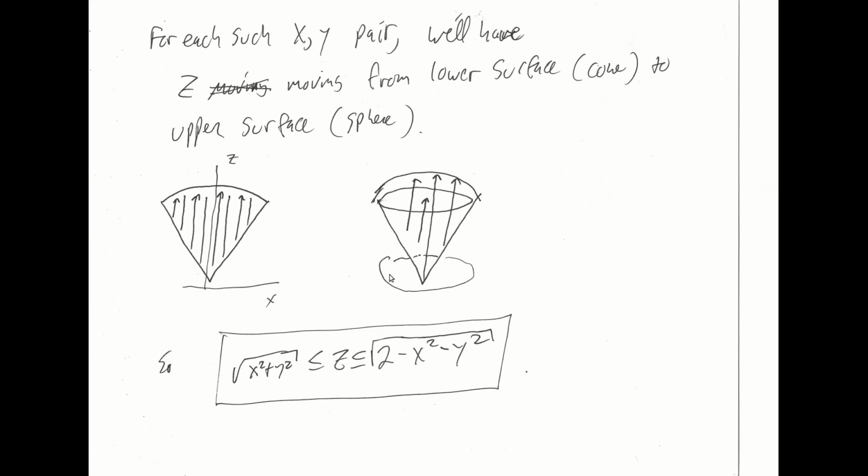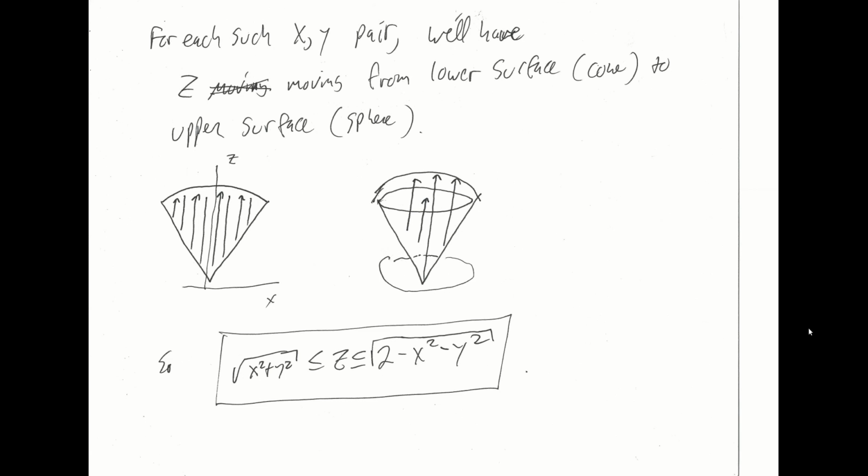If I take that point in the xy plane, move up, and begin to consider z values at the cone and take all z values between the cone and the upper surface, then I will have all the points in the region.